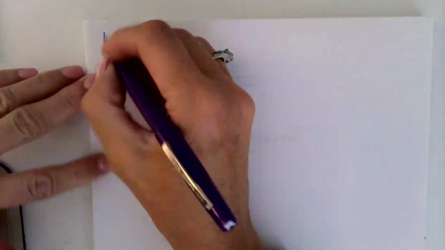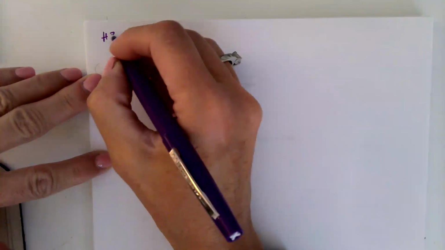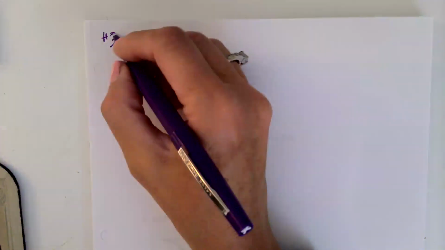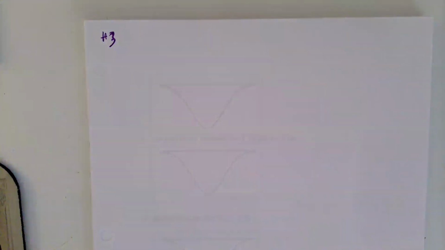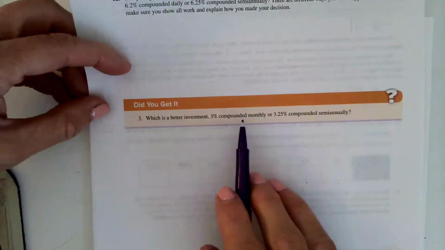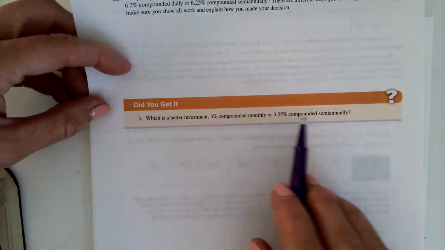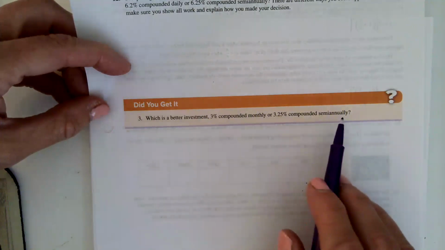Let's look at, did you get it, number 3? It says, which is better investment, 3% compounded monthly or 3.25% compounded semi-annually?